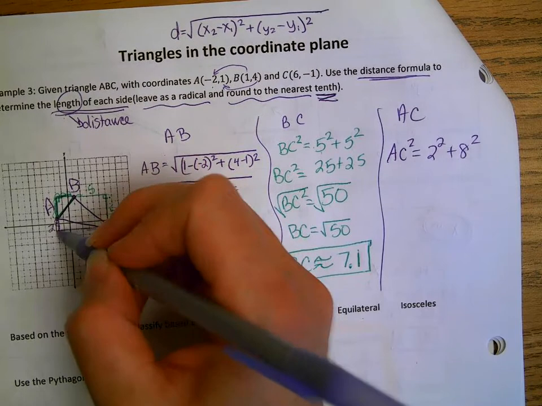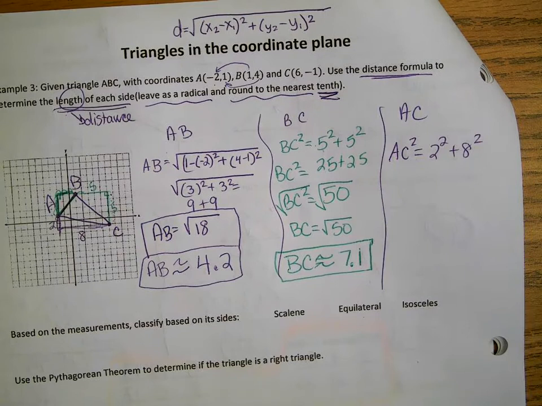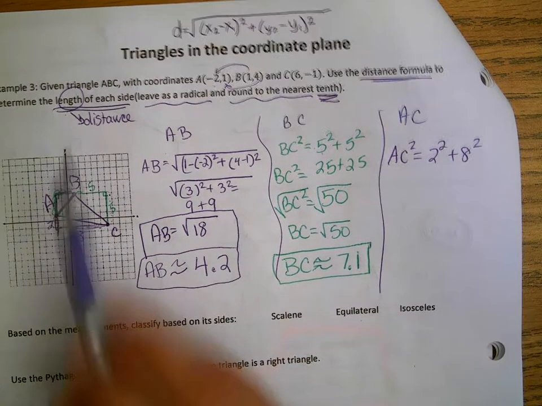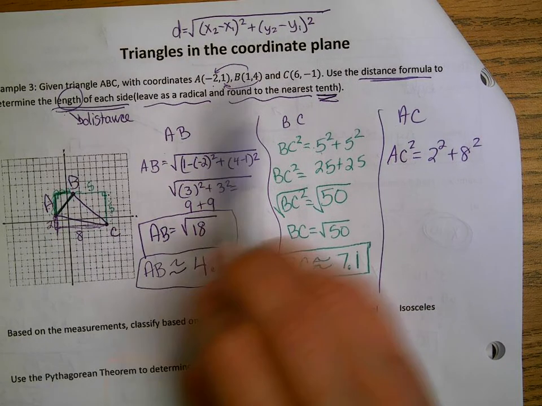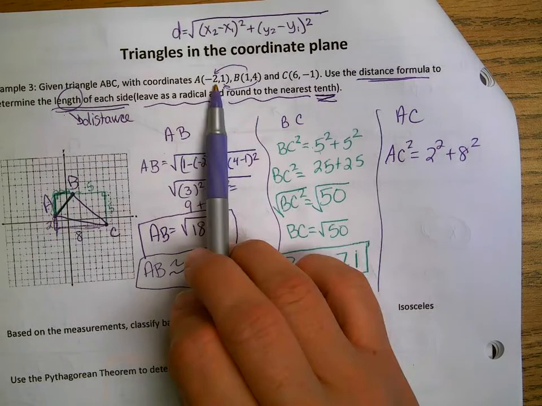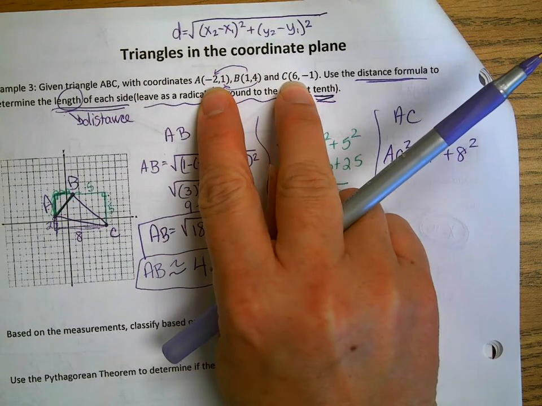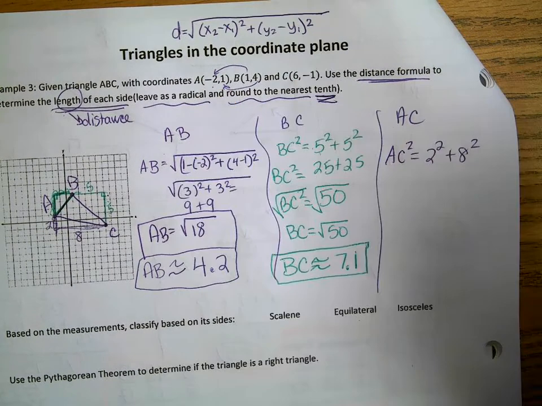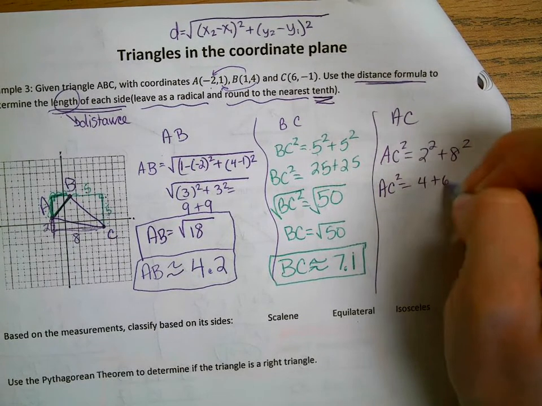So again, it went down 2 boxes and across 8 boxes. And again, if you need to slow me down, I went down 2 because this was up 1, that's down 2, or down 1. So 1, 2 boxes, and then 2 over, because I know I'm going from a 2 to 6. So I know the x direction is 8 boxes across. Okay. So AC squared equals 4 plus 64.